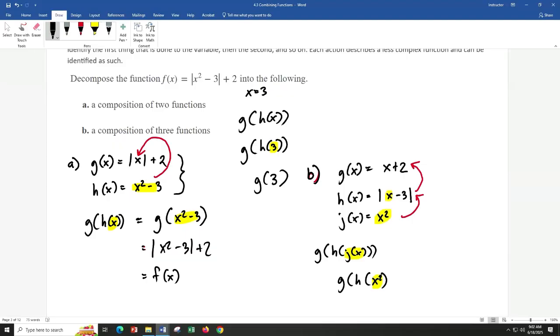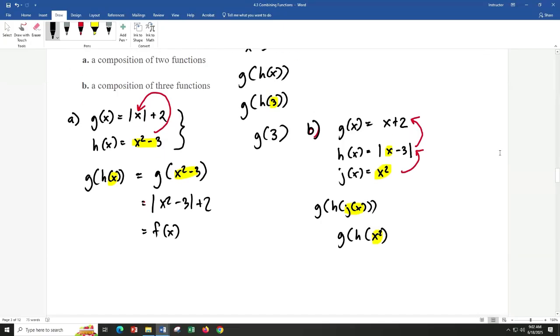And notice that now you have g of this, x squared minus 3. Well, what do we do with this? Don't we replace this with that? And we finally get x squared minus 3 plus 2, which is equal to what? Our original f of x.